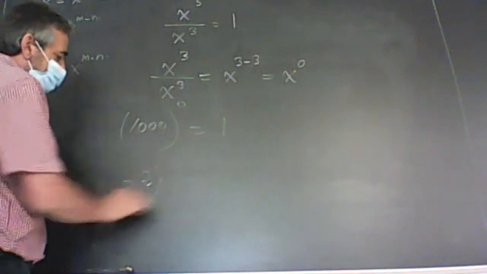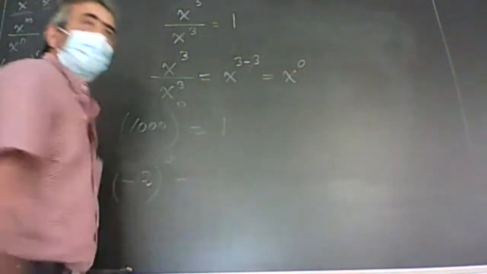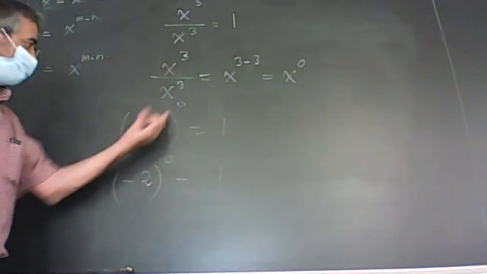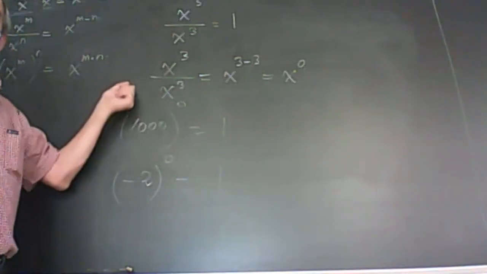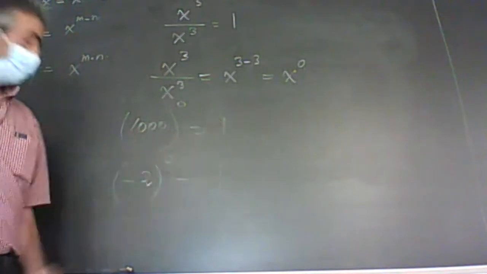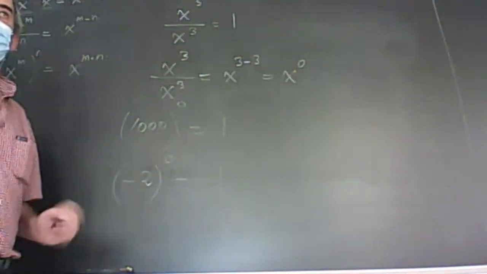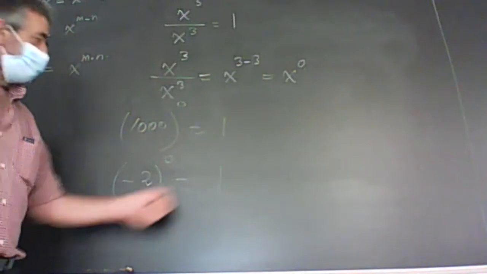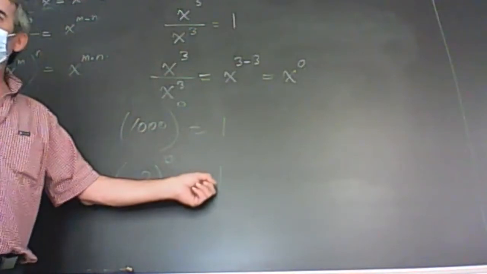Or if I have negative 2 to the power 0, that is 1. Because 1000 to the power 0 means 1000 over 1000 if you want, which is 1. And negative 2 to the power 0, same thing as saying negative 2 divided by negative 2, simplest form, right? And that's still going to give me 1.